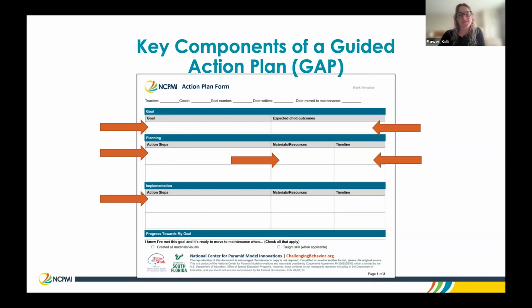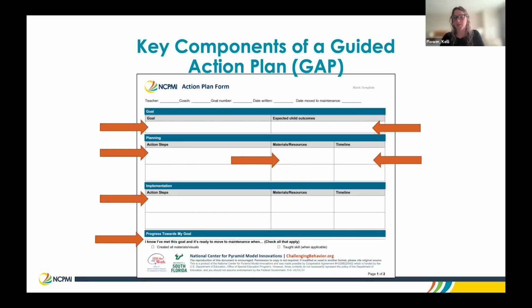And then on the very bottom, we have, let me close the chat out so I can see exactly. This is where they are figuring out, have they accomplished their goal? I know I've met this goal. It's ready to move to maintenance when I have created all my materials and visuals.